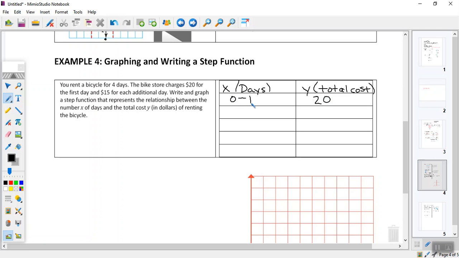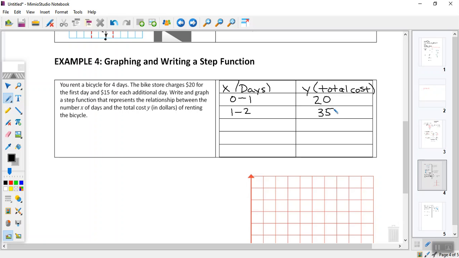Now, the second day comes. You're going from day 1 to day 2. How much more is each additional day? $15. So $20 the first day, you're going to pay $15 the next day. What's our total cost after 2 days? Now, if I ride for the whole first day, and then the second day I only use it for an hour, they're still going to charge me for 2 days, right?